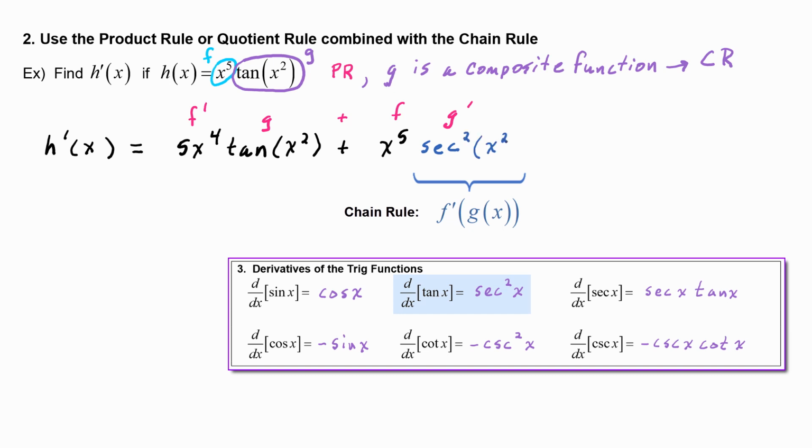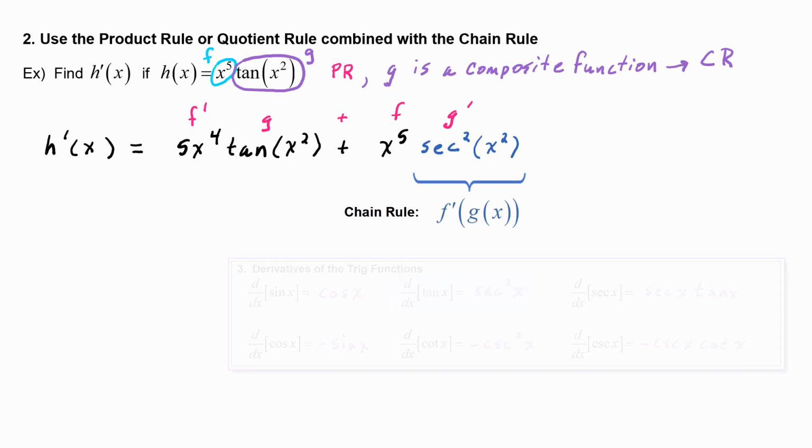And our stuff is x squared. Then the chain rule tells us that we have to take it times the derivative of the stuff. So in other words, we have to find g prime of x, and that's going to be 2x.